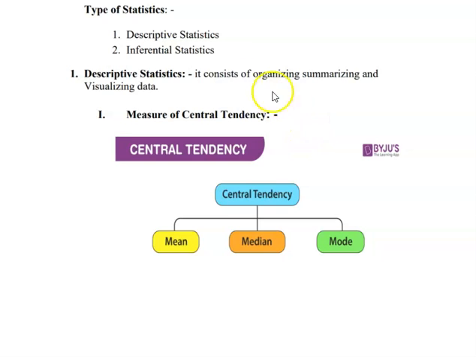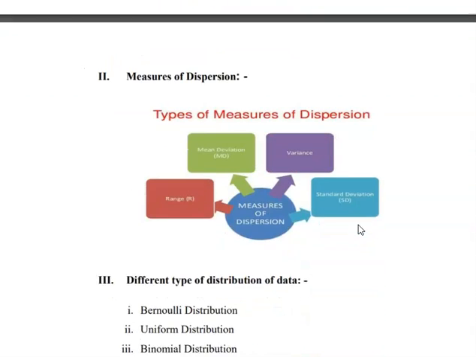So number one here, measures of central tendency. Here you can see three M's, which are mean, median and mode. Central, center, middle. Tendency, which means that mean, median and mode talk about the center of the data.